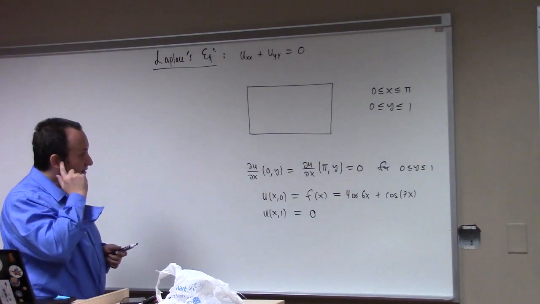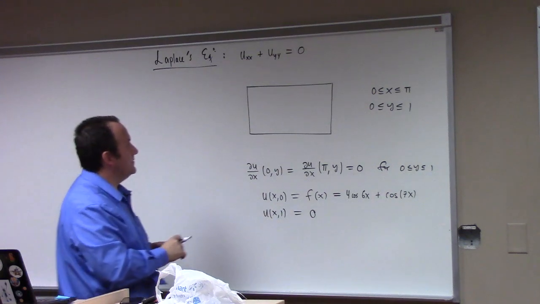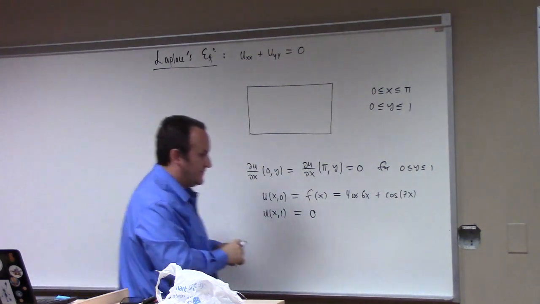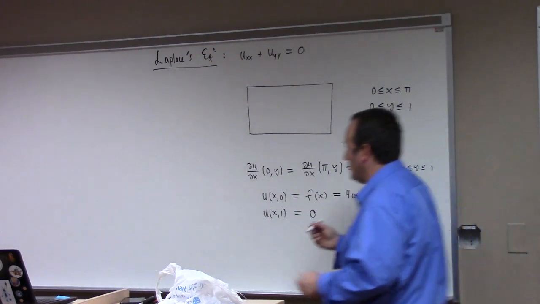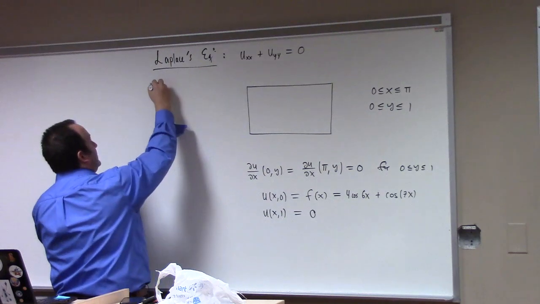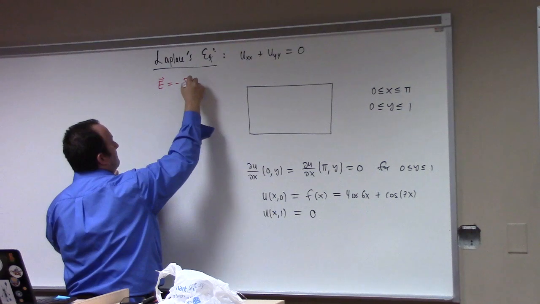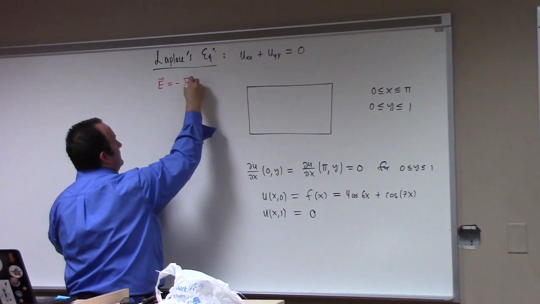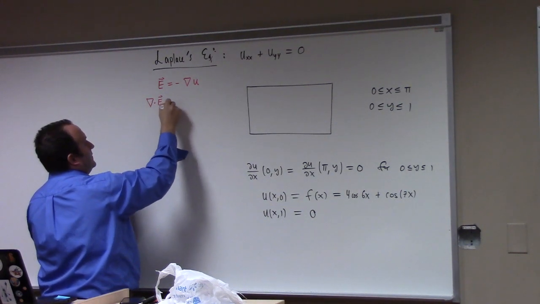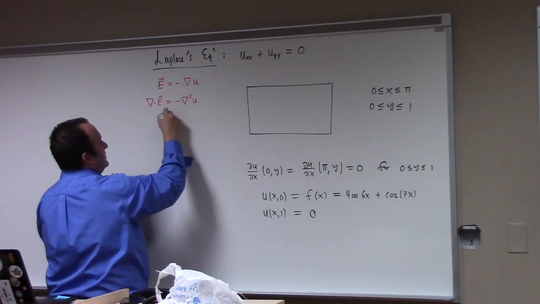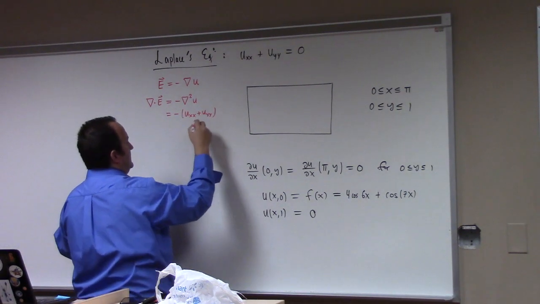Just to give you an interpretation, one I'm fond of is electrostatics. The electric field is minus the gradient of the voltage. So if I use U for the voltage, then the divergence of the electric field is minus nabla squared U, that's minus (u_xx plus u_yy) in 2 dimensions.